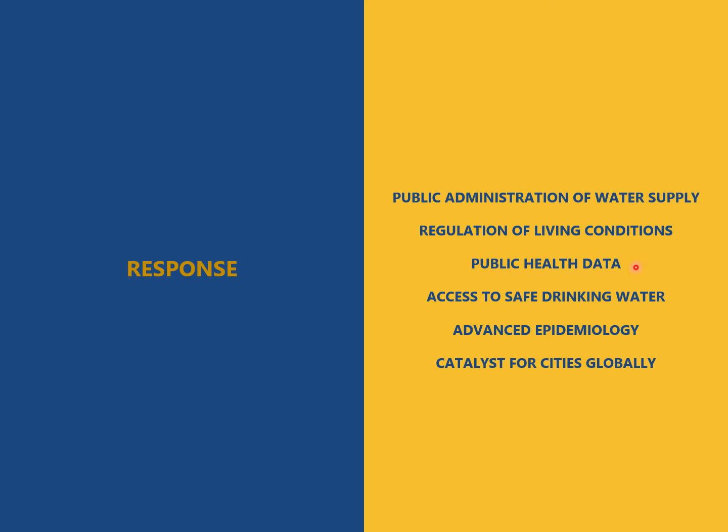So the collection of public health data as a public asset was created, which improved access to safe drinking water. It advanced the field of epidemiology, and it was really a catalyst for these types of changes in other cities globally, as people learned from this, and we're still learning from it today.